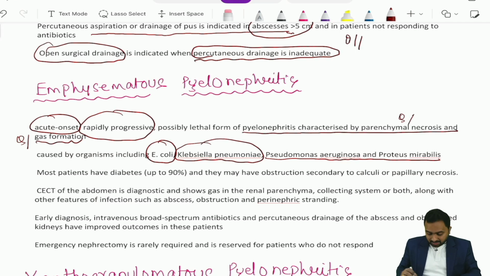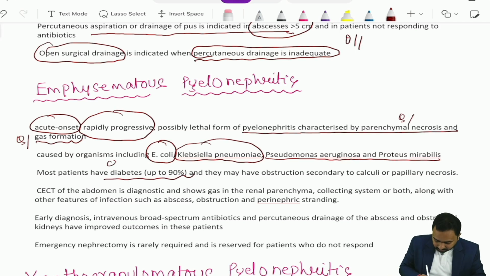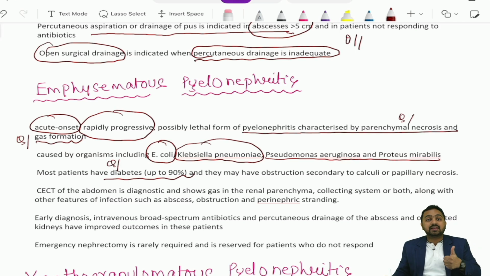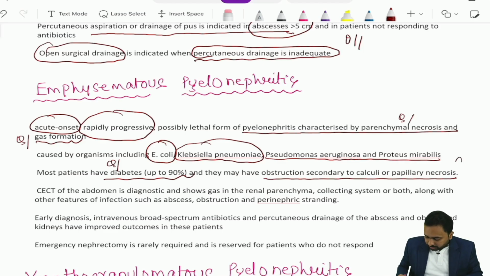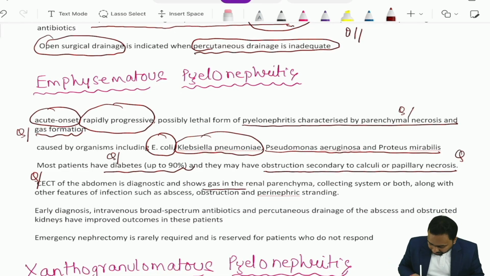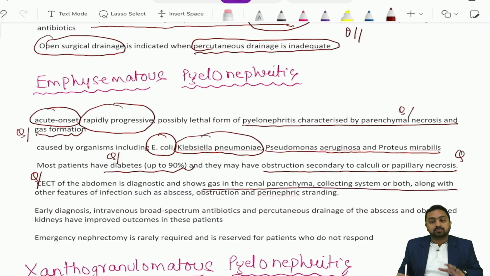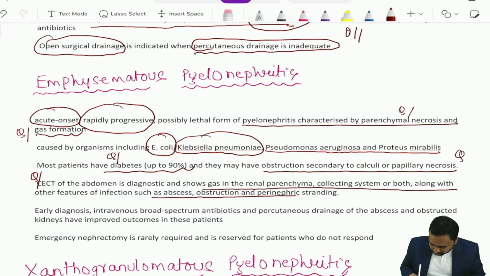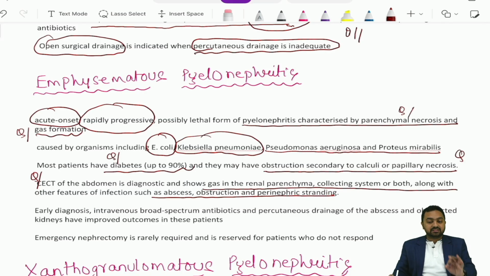Most patients have diabetes, around 90%. So again, another important clinical clue in your question, and they may have obstruction secondary to calculi or papillary necrosis. Investigation of choice is again a CECT whole abdomen, which would show gas in the renal parenchyma and collecting system, along with other features such as abscess, obstruction and perinephric stranding.